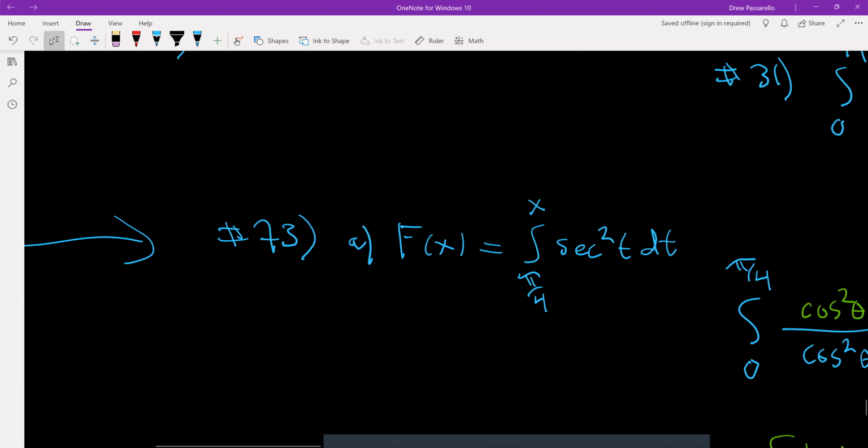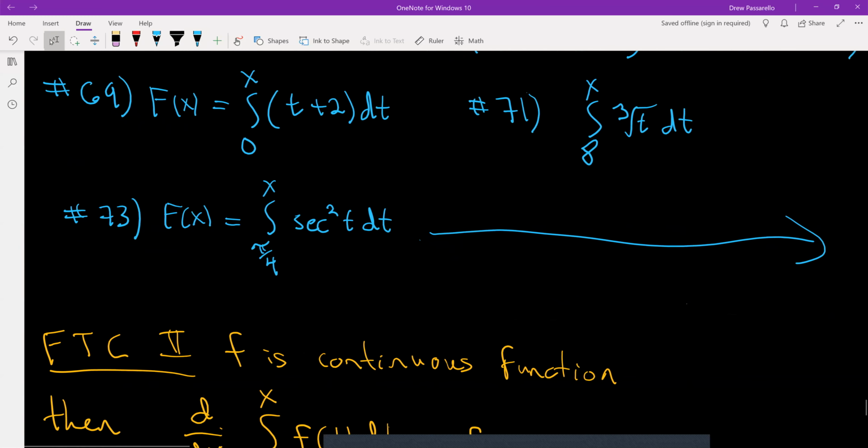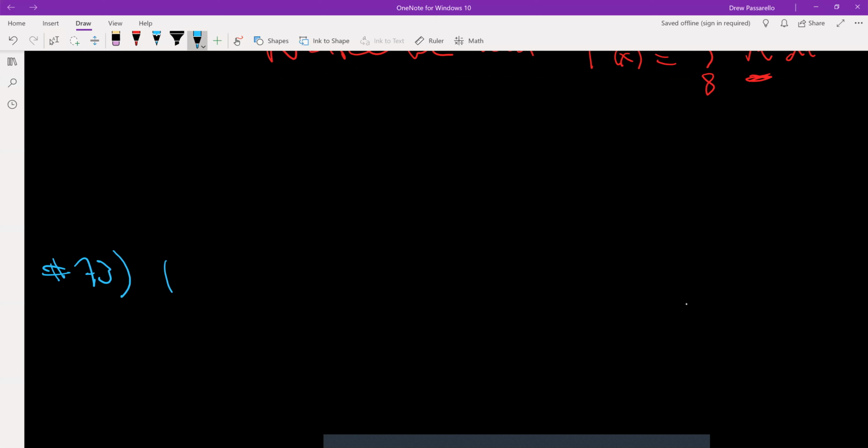Actually, I'll write this somewhere else so it doesn't get mixed in with the other stuff. All right, so that's the problem, secant squared of t dt.